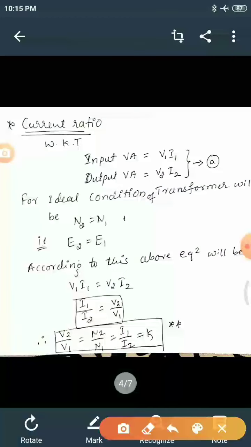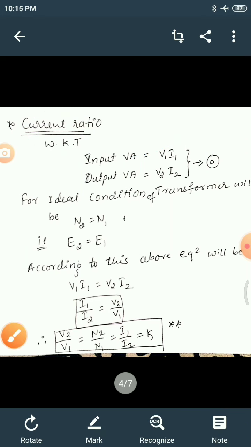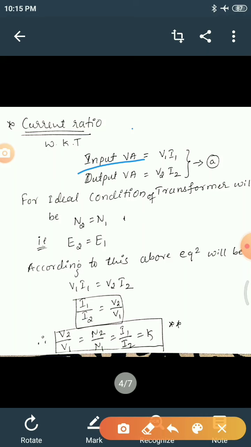Now we have seen the voltage ratio. Now we will see the current ratio. As you know, we represent the apparent power S in volt-amperes of the transformer. For the input, the apparent power will be V1 into I1 on the primary side, and the output will be V2 into I2.